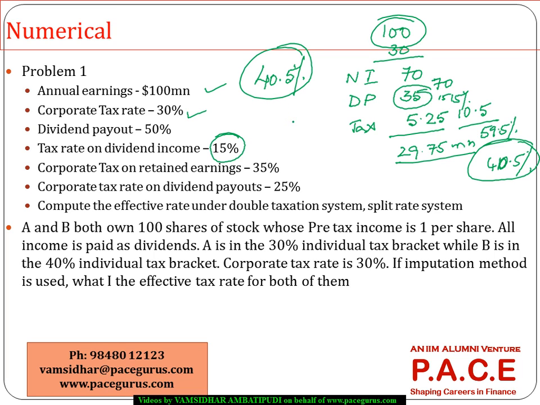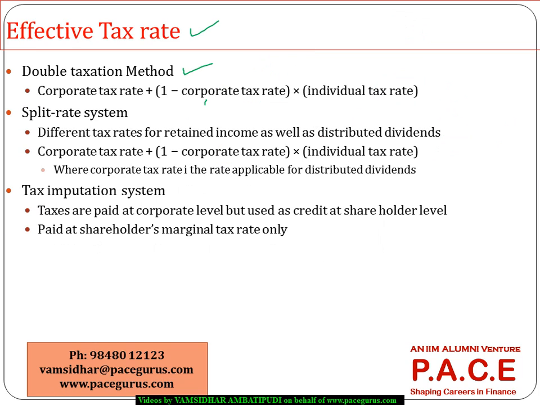The other way I can compute the effective tax rate in case of a double taxation system is whatever is the corporate tax rate. We have seen the corporate tax rate is 30%, plus 1 minus the corporate tax rate, which means whatever is reaching the individual after the corporate tax is paid.